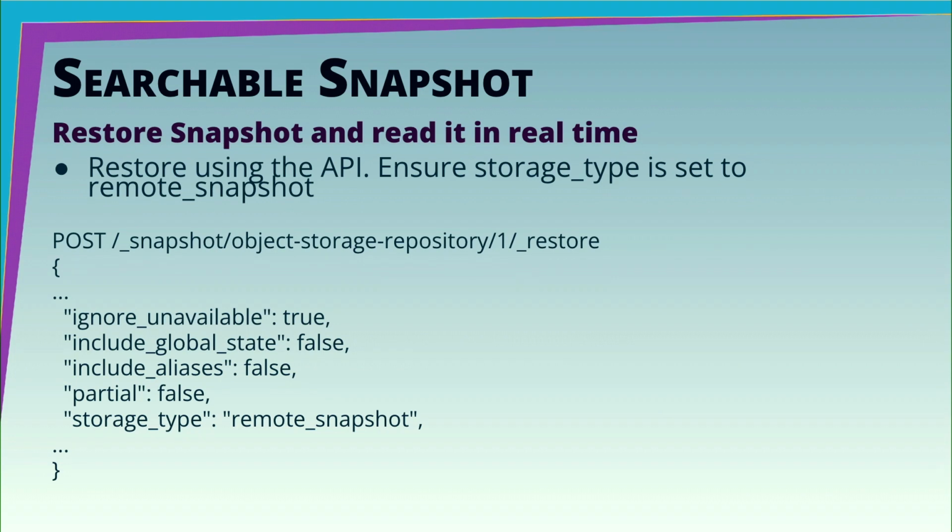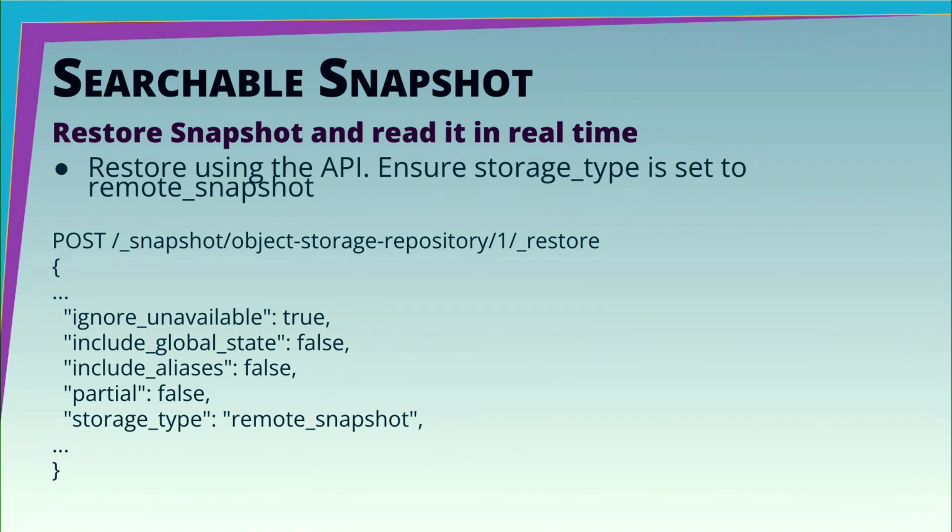Actually, configuring a searchable snapshot is not that different from a normal snapshot. You would use the same post snapshot command, object storage repository, and the snapshot name and the repository and the restore command. But the only difference is you have to set the storage type.